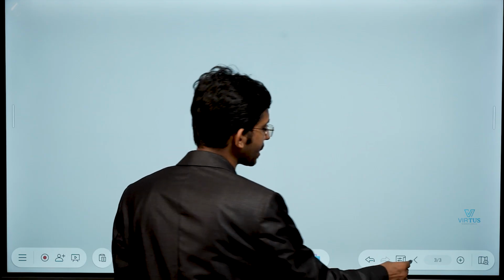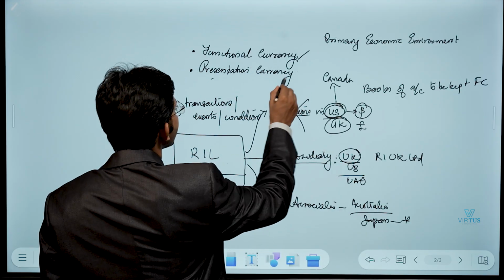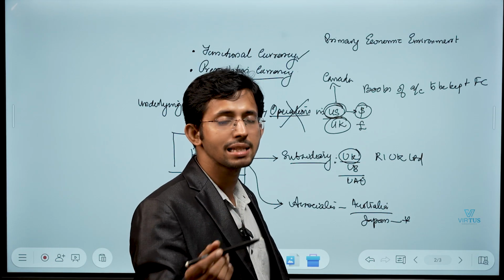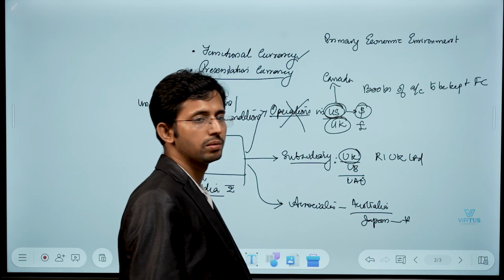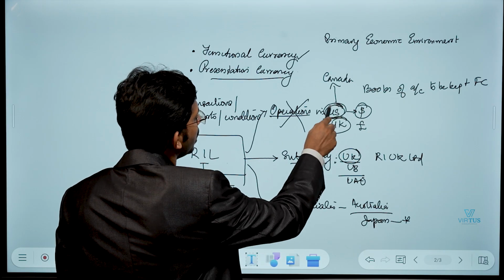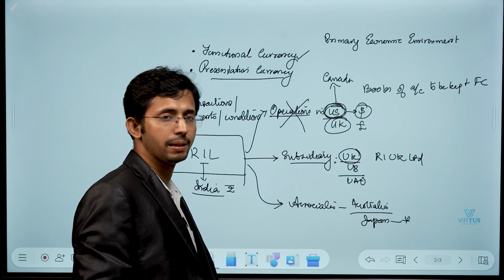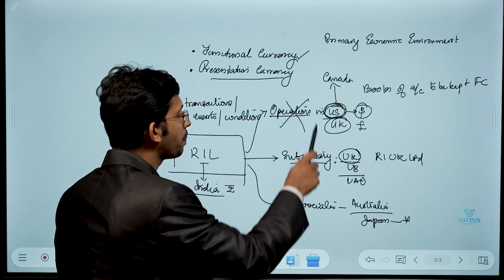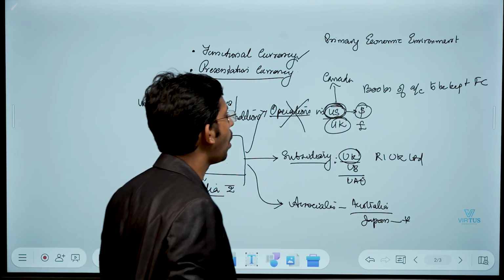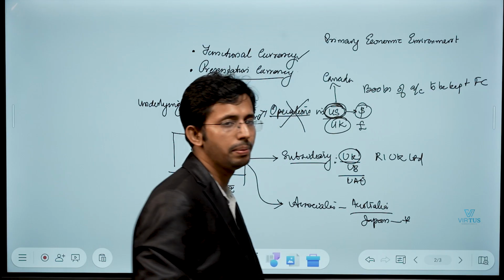Okay, now what is presentation currency? Presentation currency is nothing but the currency in which the entity prepares its financial statements. So if the financial statements are prepared by the US operations independently, then it will prepare its financial statements in dollars. If they are presenting it in dollars, then presentation currency will be dollars.